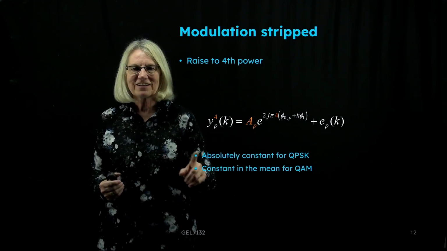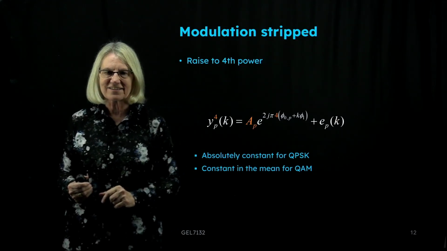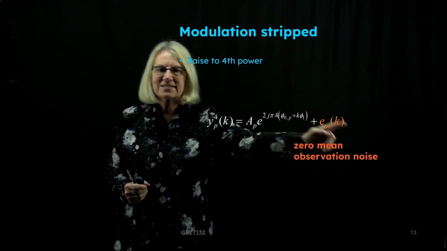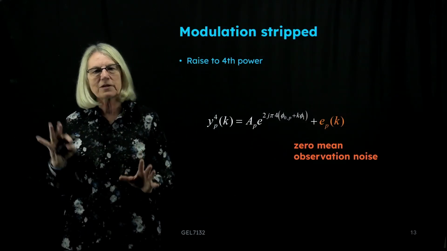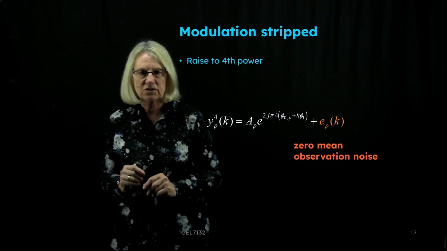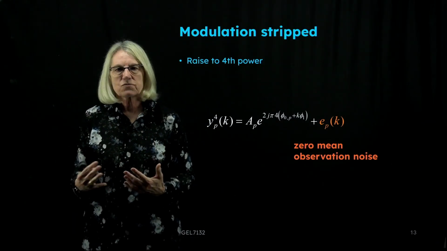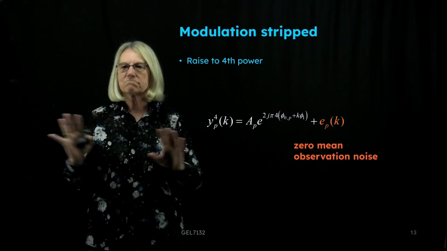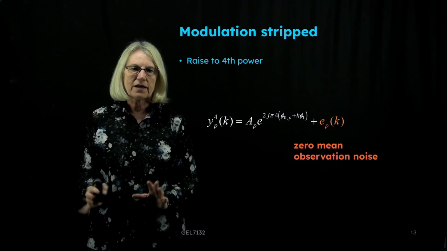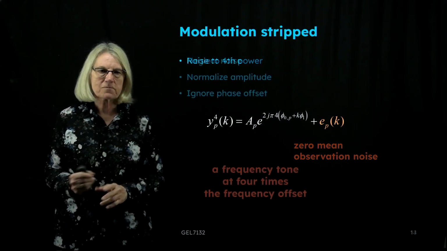So first of all, as I mentioned, this AP is absolutely constant for QPSK, constant in the mean for QAM, and there is some observation noise, which nominally was Gaussian noise to the 4th power, but actually it has some statistics for which we can say it's an observation noise, which is zero mean, and it does not enter into our estimation technique other than causing some problems because it's noisy.